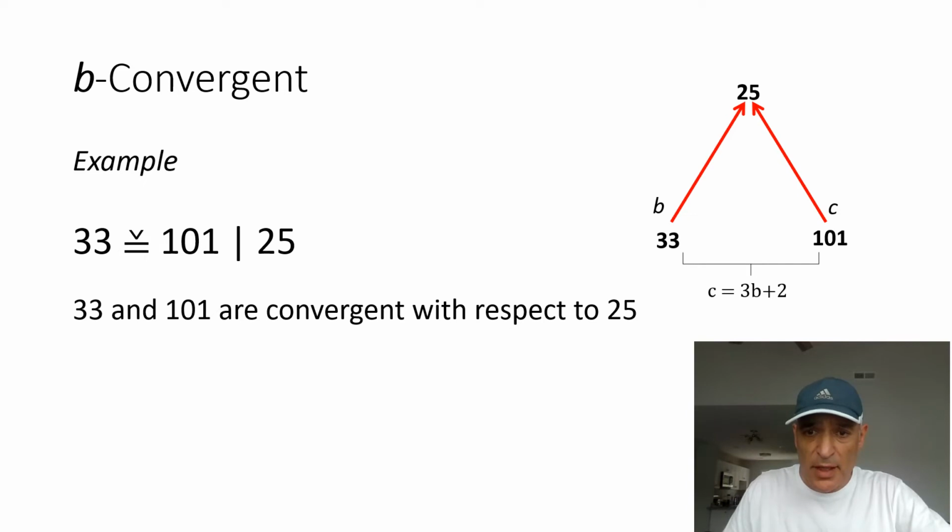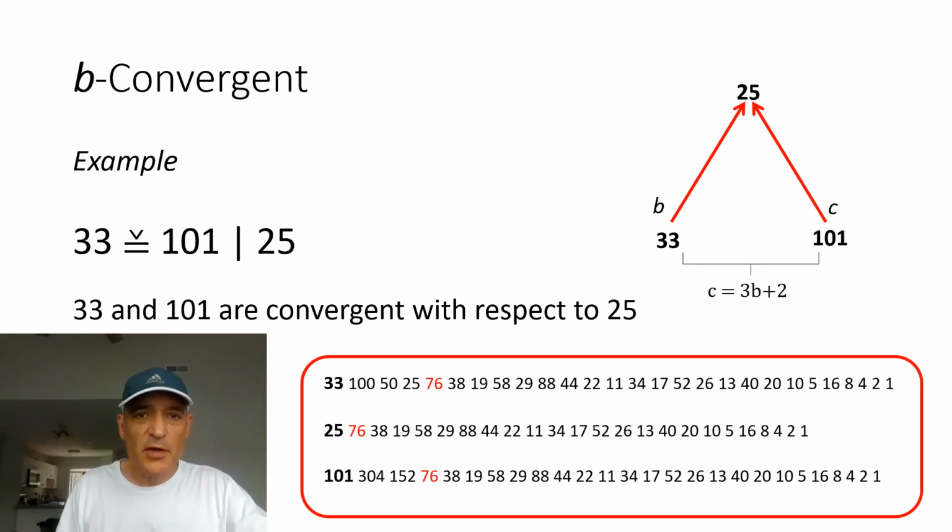So if we look at the inputs, we have 33 and we have 101, and we can consider 25 to be the output. We see that the convergence implies the same orbit. The so-called sequences beginning with 33, 25, and 101 converge within a couple of steps with each other.